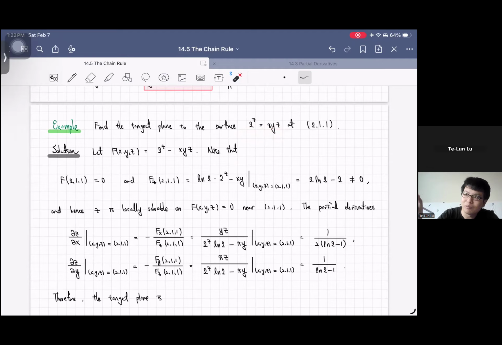There is some function there. We just don't know how to present it. But the fact that we don't know how to present it is not really important. The only thing we need to find the tangent plane is simply the differentiation at the point, which can be presented in terms of x and y and z, given the information of this function equation.